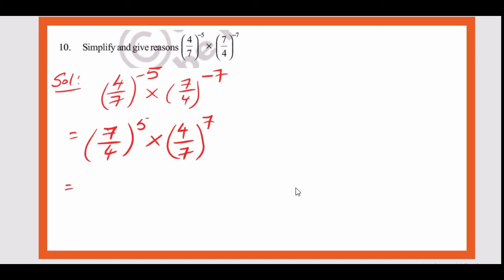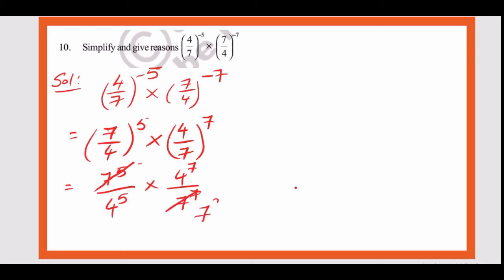Now what am I going to get? 7 power 5 by 4 power 5 into 4 power 7 by 7 power 7, right? Now from this, what can I do? 7 power 5 and 7 power 7. Here we have 5 sevens, here we have 7 sevens.